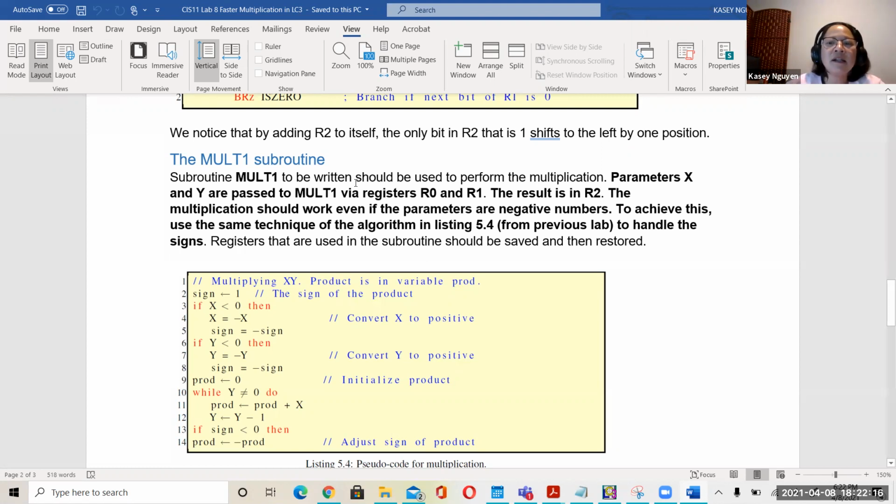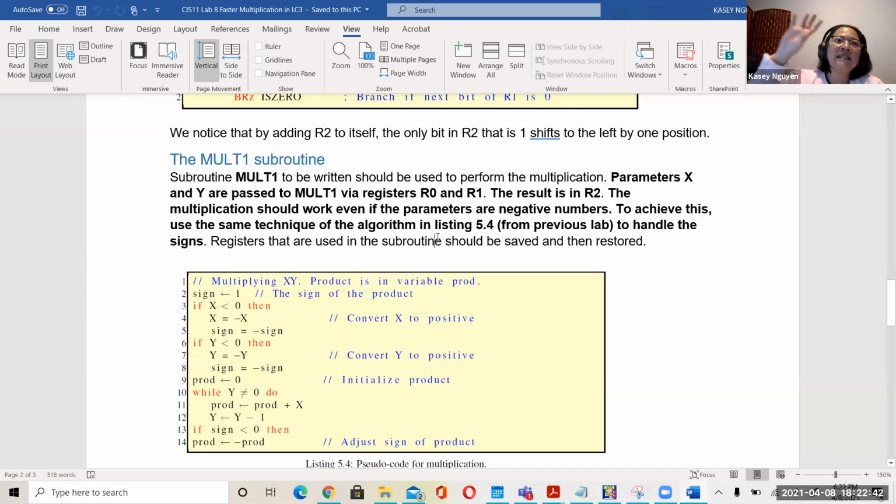It says here that the multiplication should work even if the parameters are negative, and to achieve this, use the same technique as 5.4, which is the previous lab, and handle the sign. We talked about that last time. We treat it as positive, and then at the end we sign it if it's negative. The registers used for the subroutine should be saved and restored.